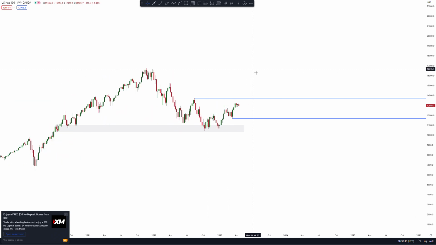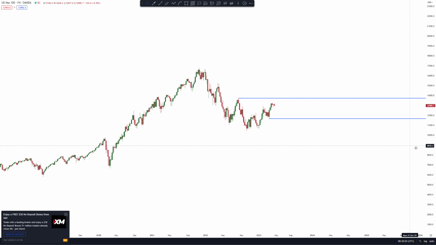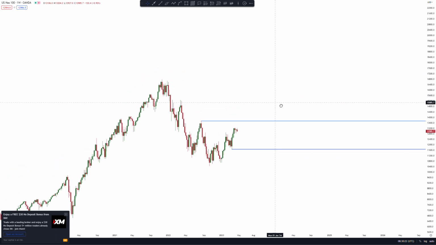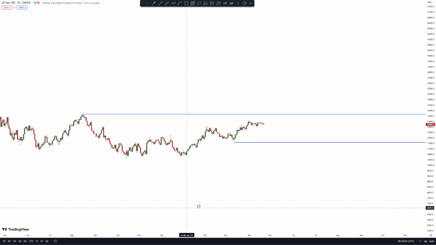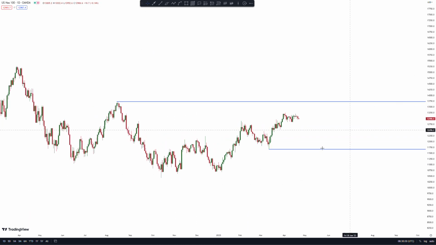So let's get into this. So that has been our weekly low, for the obvious reasons anyway.